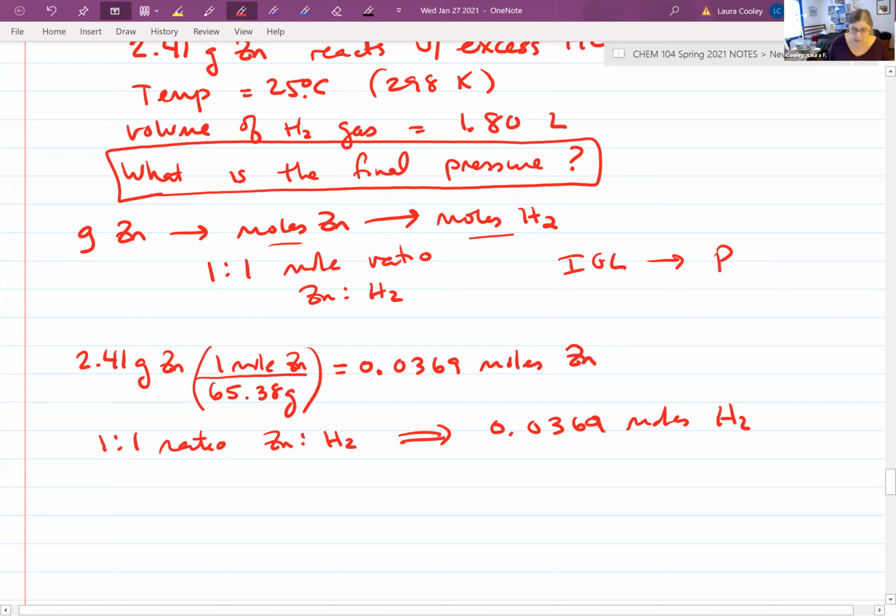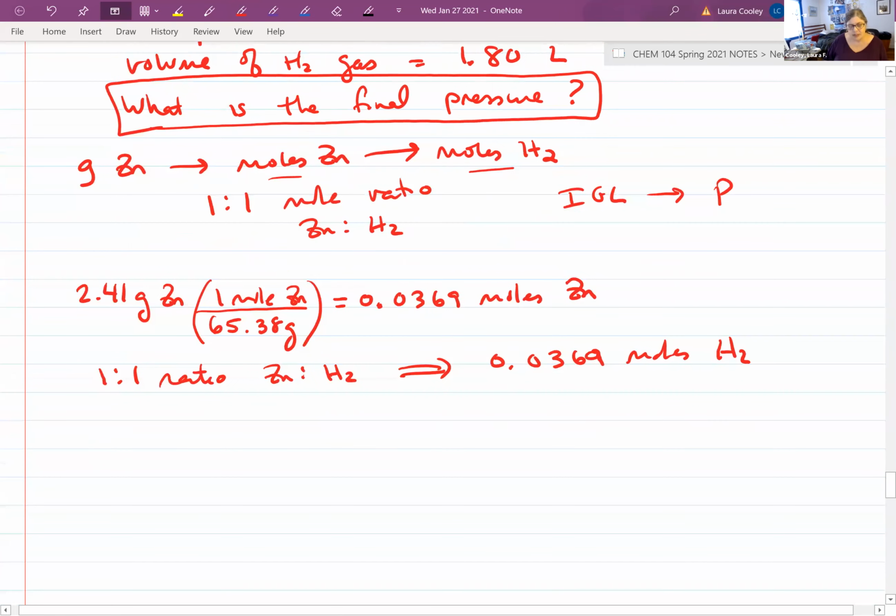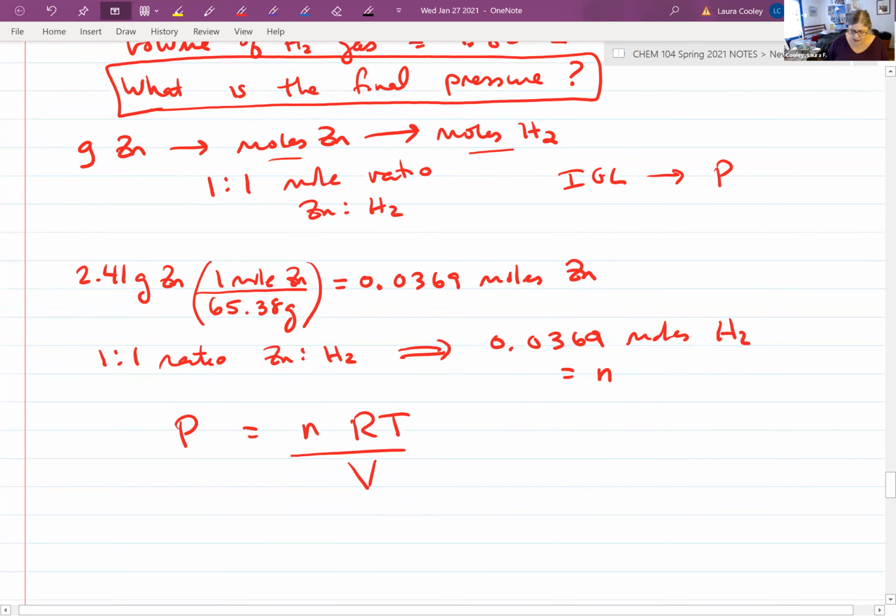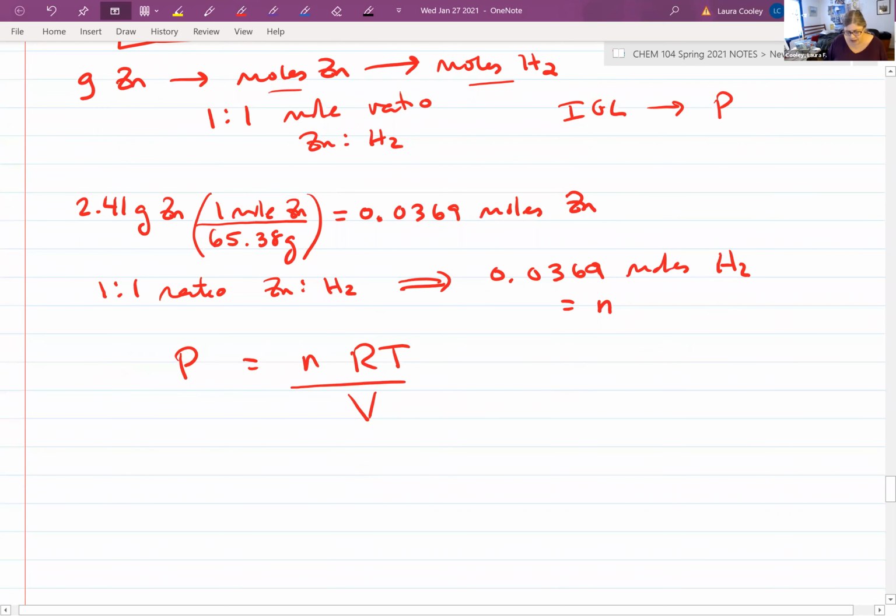Now, there are plenty of stoichiometry problems where you'd have to use the mole ratio, but this isn't one of them. So this is now n. P would be nRT over V. But hold on, we have two gases that are present there.